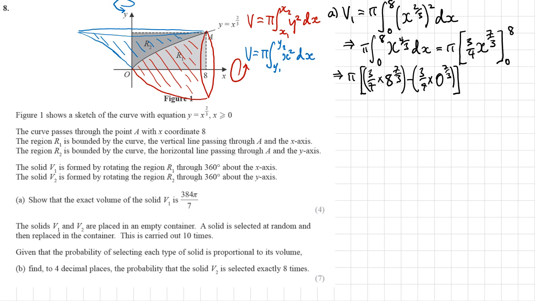So that will give me pi times by 384/7. So we'll get that volume V1 is equal to 384 pi over 7 as required.